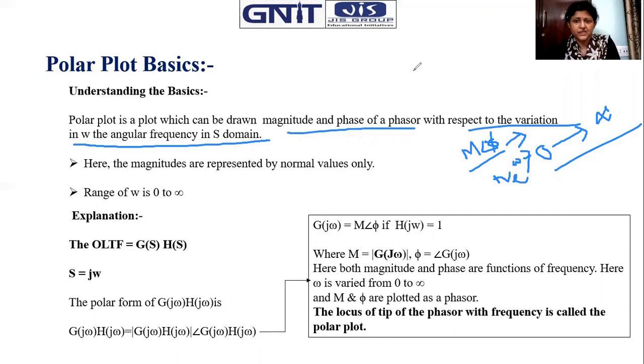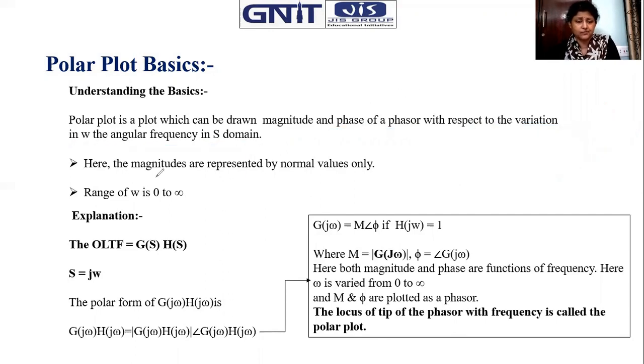That is the main objective or theme. So what are the steps? What is the main concern here? The magnitude is represented by the normal values only, and the range of omega is positive, that is 0 to infinity.